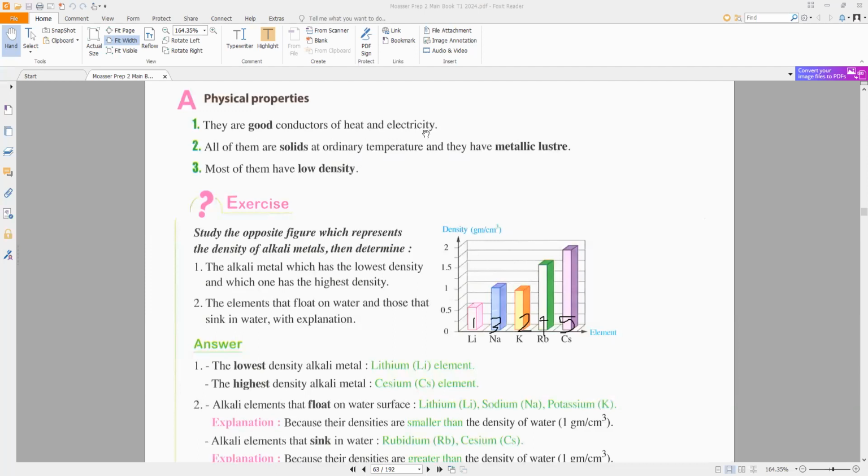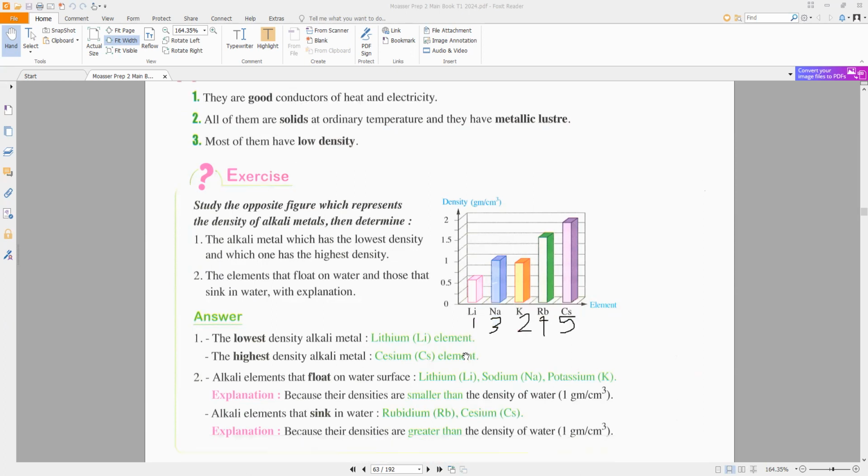They are good conductors of heat and electricity, all of them are solid, and they have a metallic luster. Most of them have low density except rubidium and cesium.